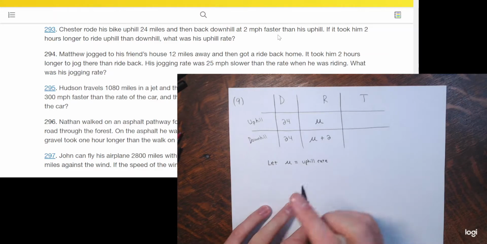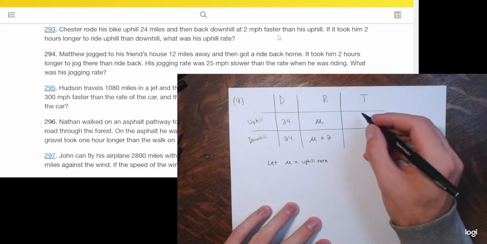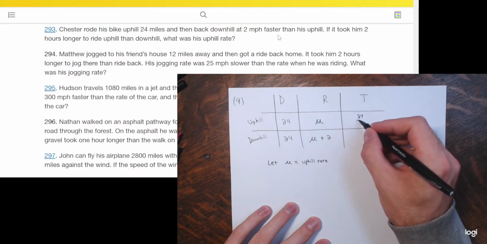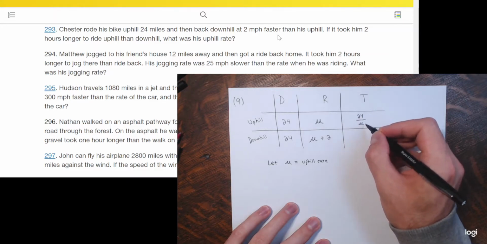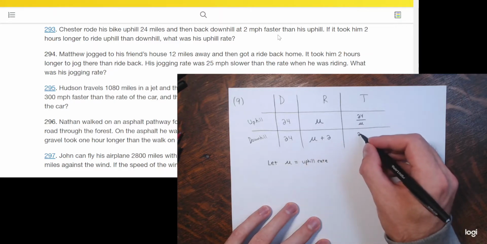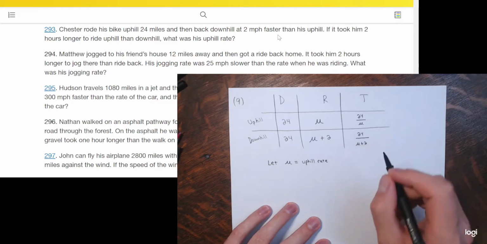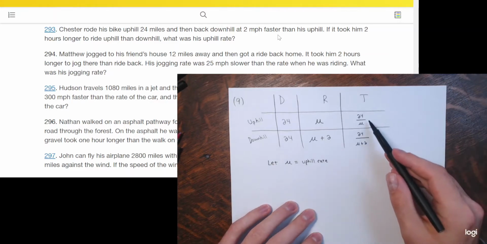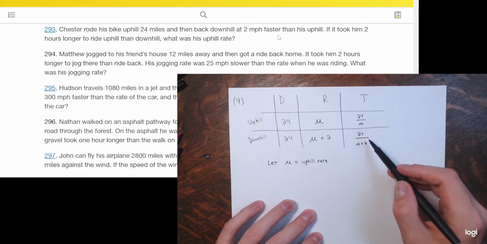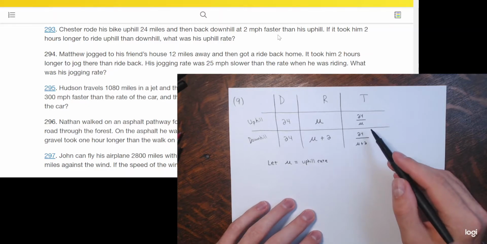So then the times, right, the time to go uphill is 24 over u. The time to go downhill is 24 over u plus 2. Now, but these are not equal, right? And they don't give us a total time.